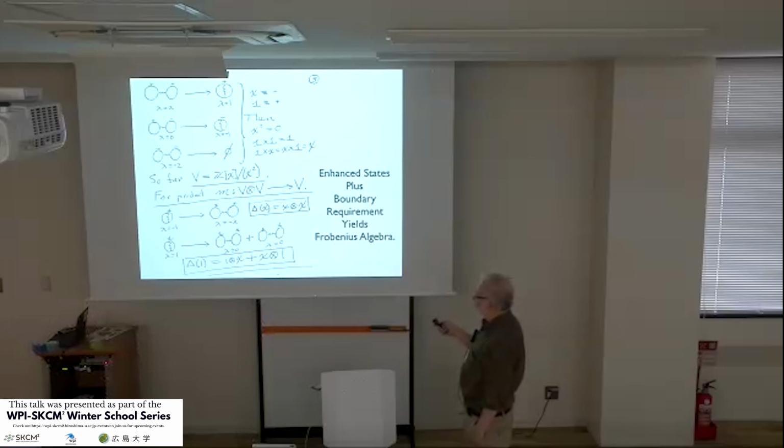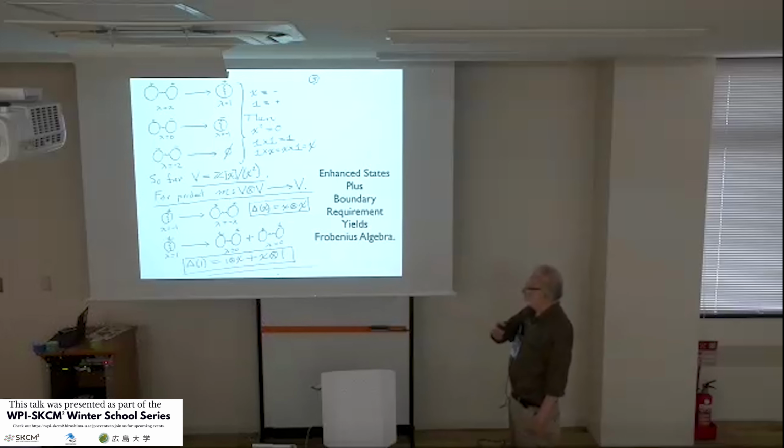And I am looking at the ring Z of x, polynomials in x, modulo x squared equals 0. That gives me a product on the module V, that ring, which is given by 1 behaves like 1, x is behaving so that its square is equal to 0. And we have the module generated by that.